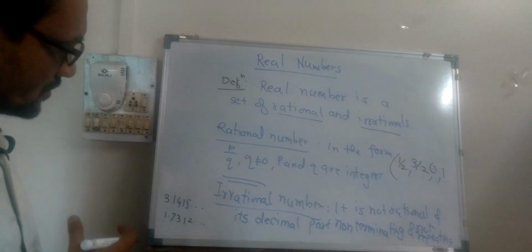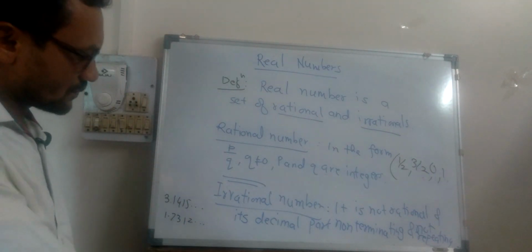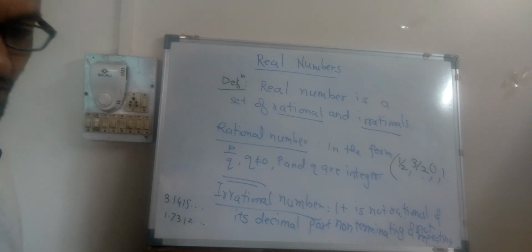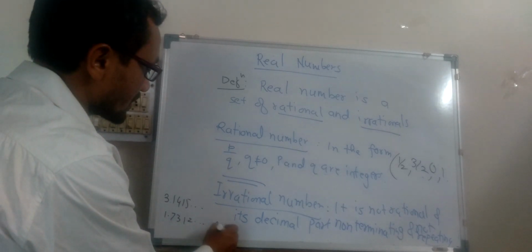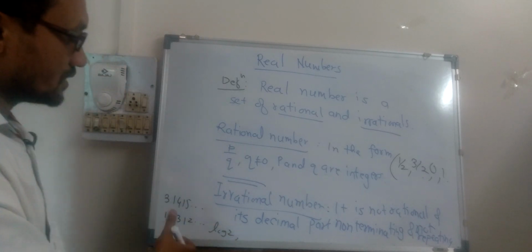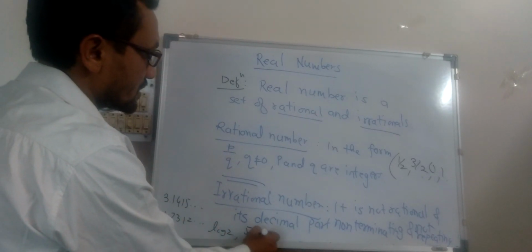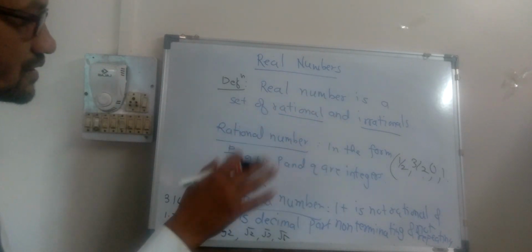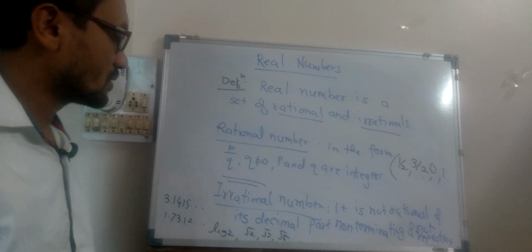These numbers never repeat and are not terminating. Also log 2. If you find their values, you will get the same. You can take √2, √3, √5. All these are irrationals. So this is the difference between these two kinds of numbers.